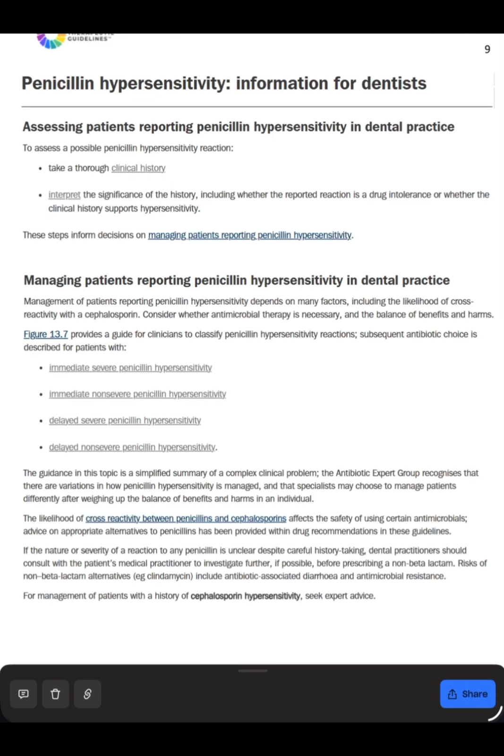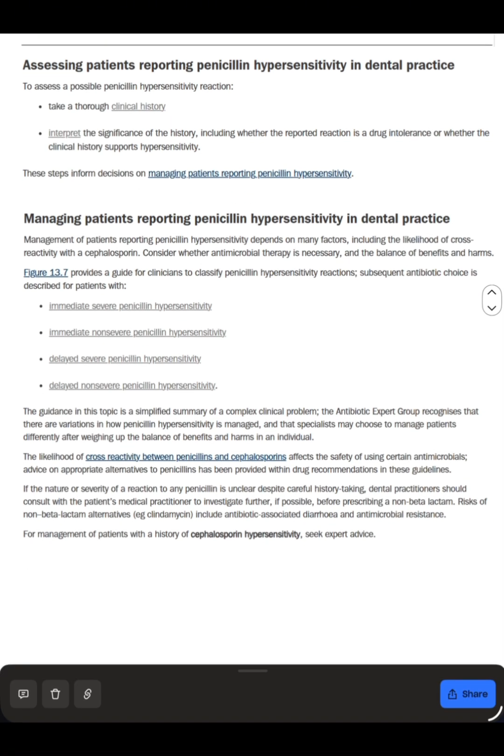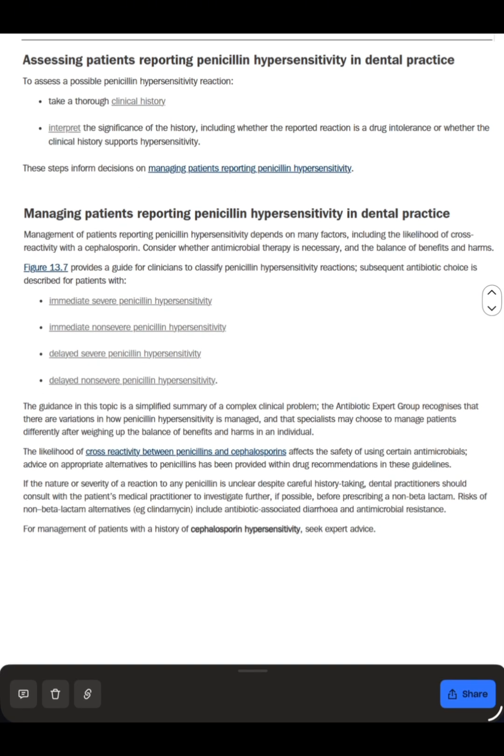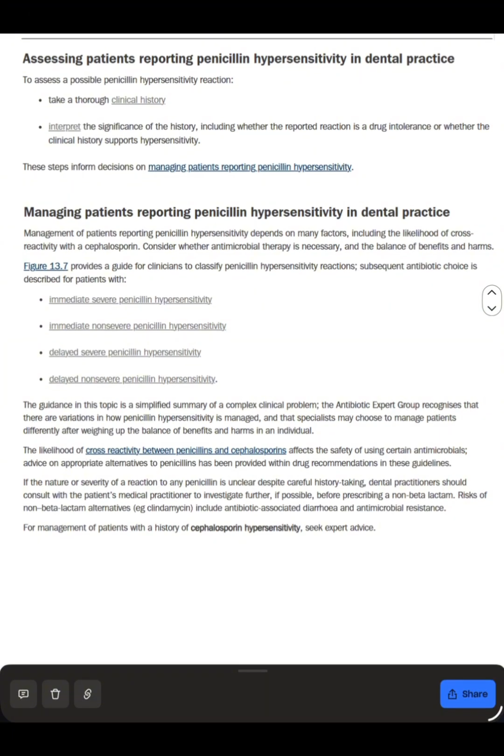Risks of non-beta lactam alternatives, for example, clindamycin, include antibiotic-associated diarrhea and antimicrobial resistance. For management of patients with a history of cephalosporin hypersensitivity, seek expert advice.